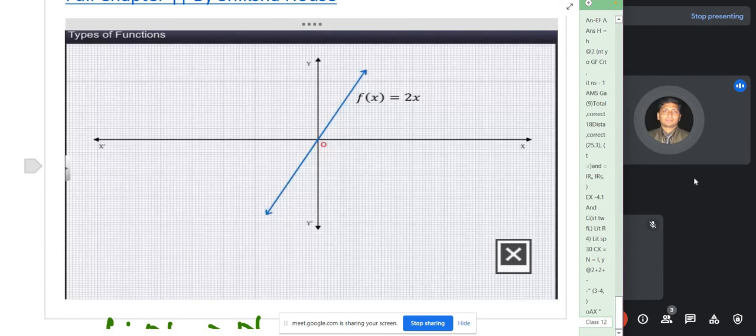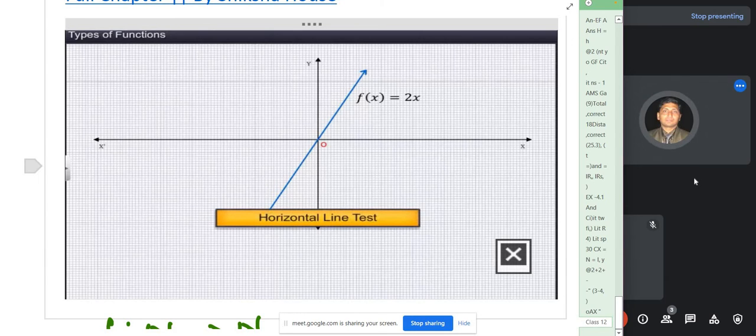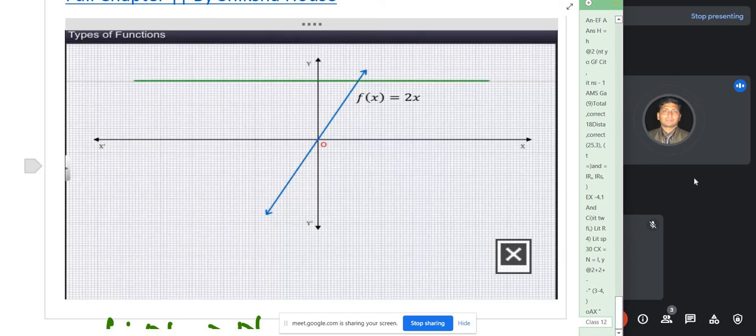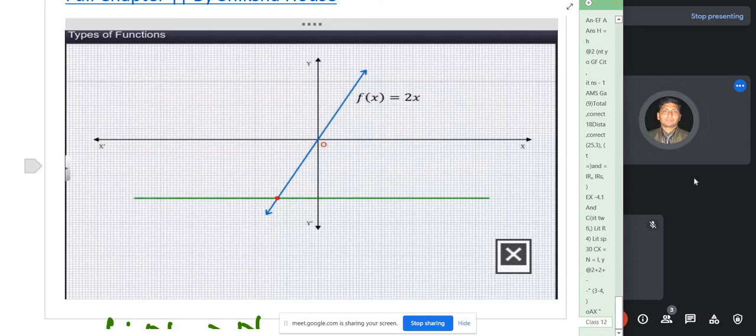This diagram shows the graph of the function f of x is equal to 2x. Given the graph of a function, you can check whether it is 1-1 or not with the help of a test known as the horizontal line test. To check the injectivity of the function f of x is equal to 2x, we draw a horizontal line such that it cuts the graph. This line cuts the graph only at one place.